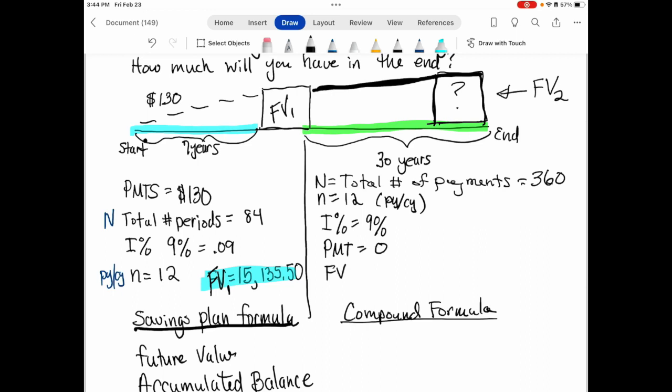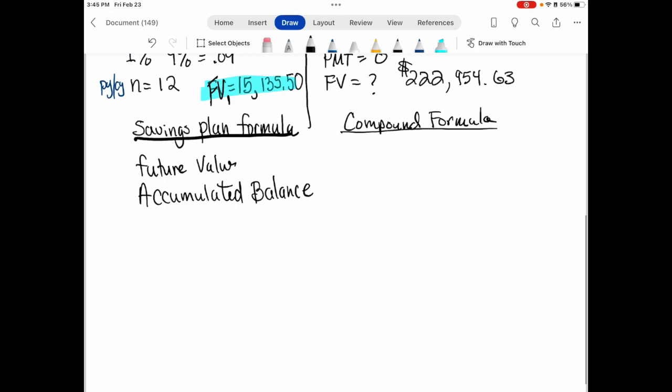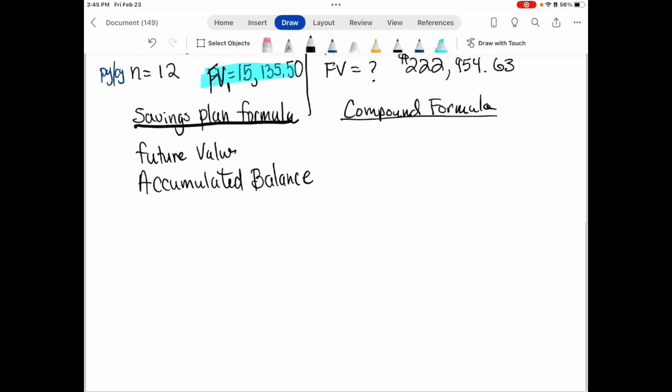And then we're looking for our future value again, or the accumulated balance. So when you put that into your formula or GeoGebra or your TVM solver, your final answer will be $222,954.63.